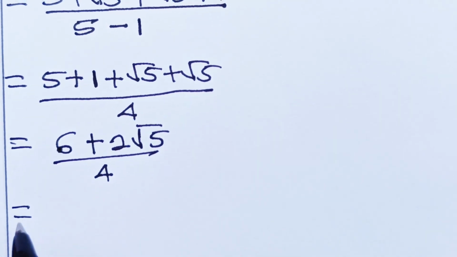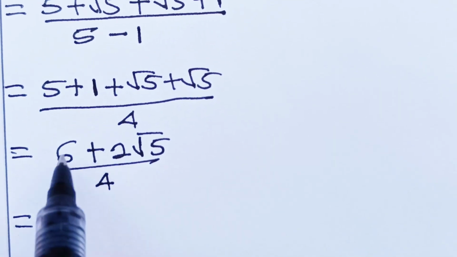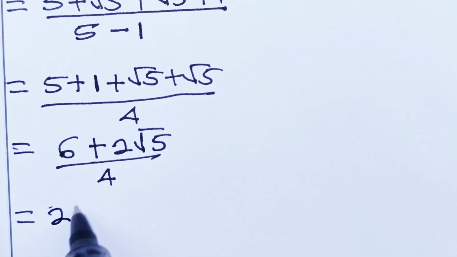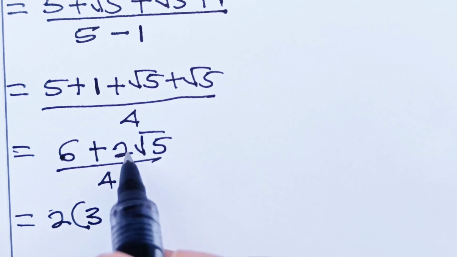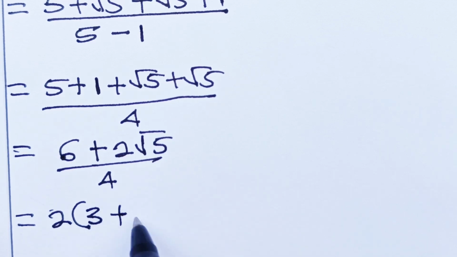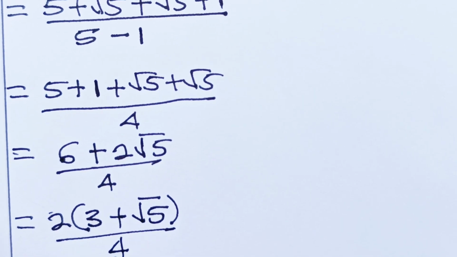Now we can factorize, because when you look at this you notice that you can factorize 2 out from here, so we have 2 brackets, 6 divided by 2 will give us 3, 2 divided by 2 will give us 1, so we have root 5 remaining here, divided by 4.